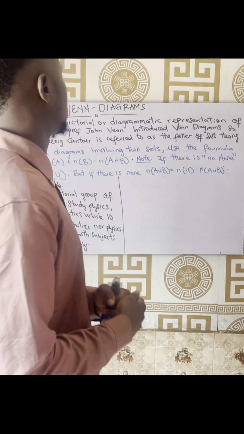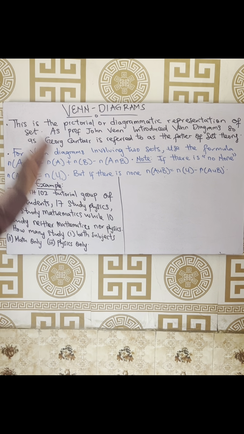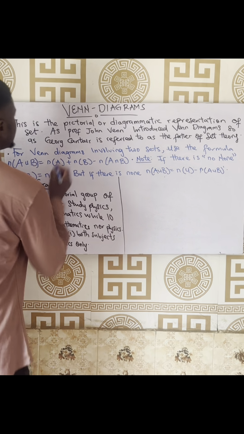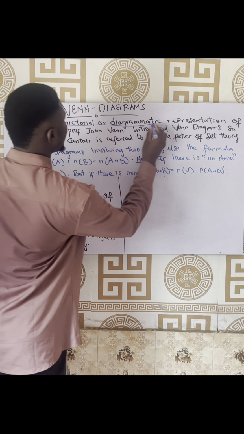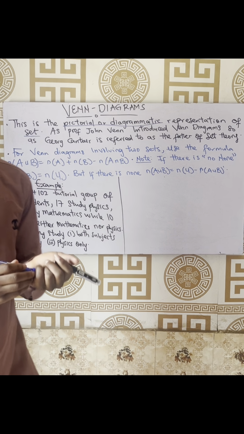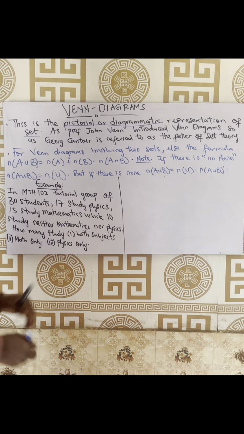We are still on set theory, and today we are going to be talking about Venn diagrams. What is a Venn diagram? A Venn diagram is the pictorial or diagrammatical representation of sets. The pictorial or diagrammatical representation of sets is what we mean by what? Venn diagram.